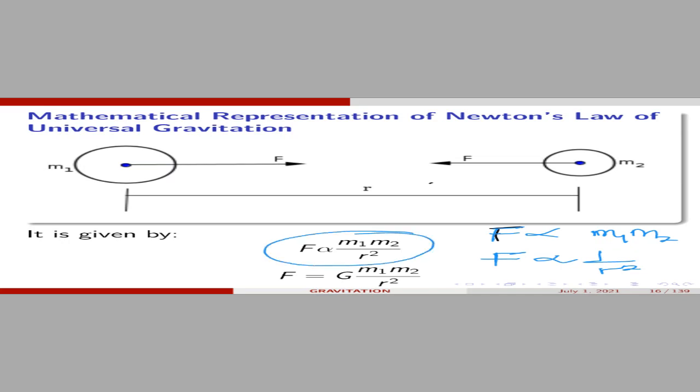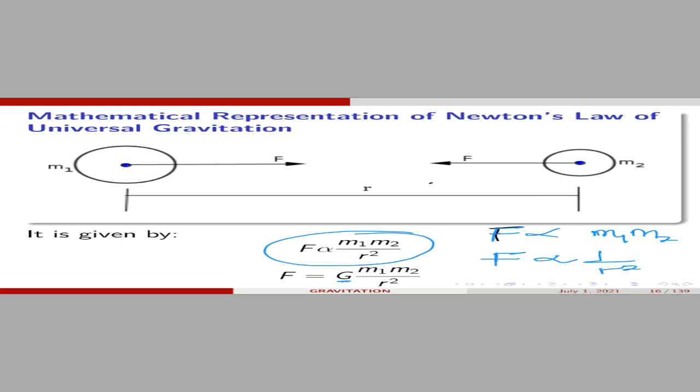Is that clear? After every variation, we have an equal to and a constant, as we said in Form 1. Here, the constant we introduce is G, and G is called our universal gravitational constant. Is that clear? So the forces are equal and opposite, and they attract each other. That is what we have there.